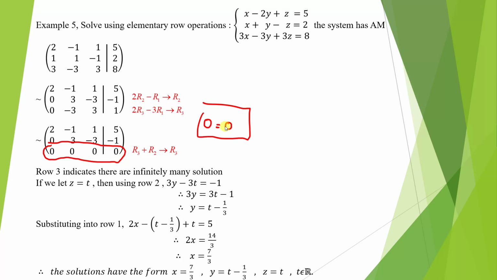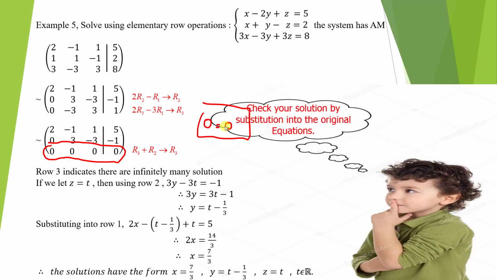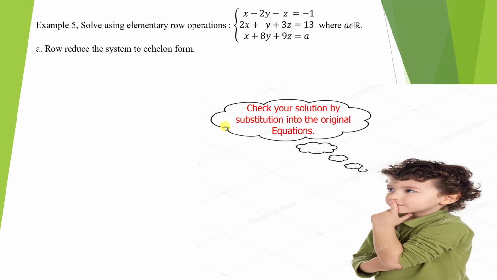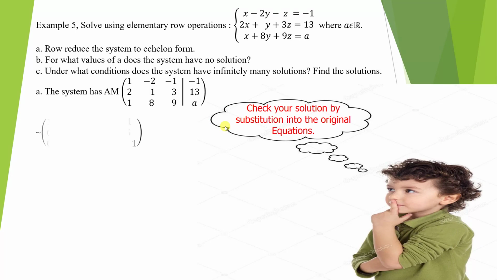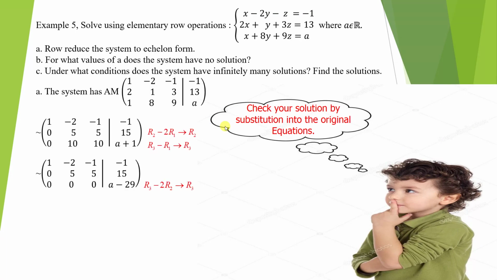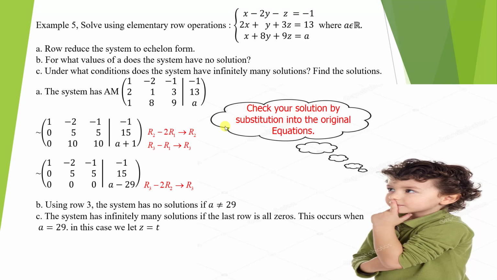This is our checking, and also this one. This one is also no solution, because the right hand side and the left hand side are not equal to each other. If A equals 29 it is consistent. If A is not 29 it is inconsistent.